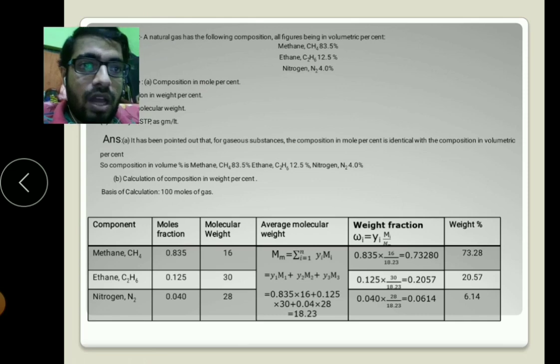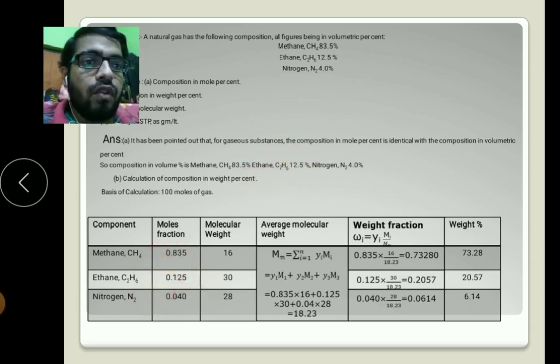For that I have made a table: component, mole fraction, molecular weight, average molecular weight, weight fraction, weight percentage. Methane, ethane, propane. The mole percentage is given, so for mole fraction you have to divide it by 100. So 83.5 divided by 100 equals 0.8335. Similarly for ethane and propane.